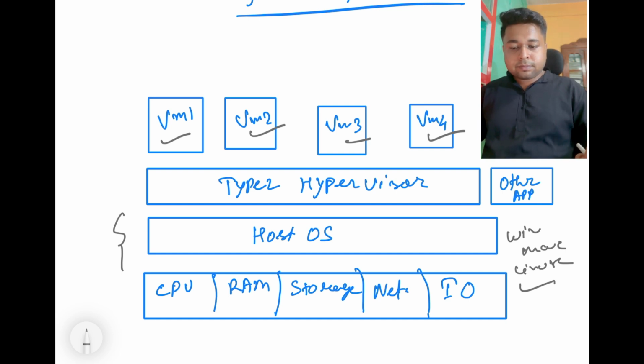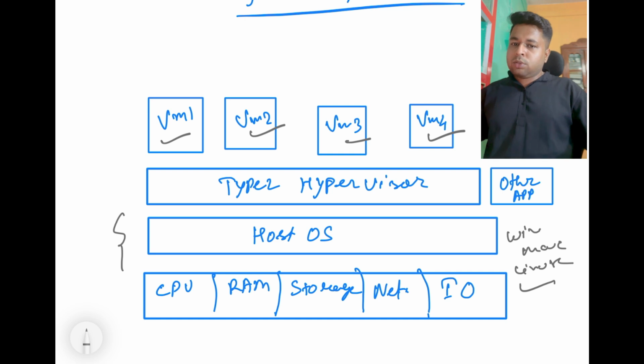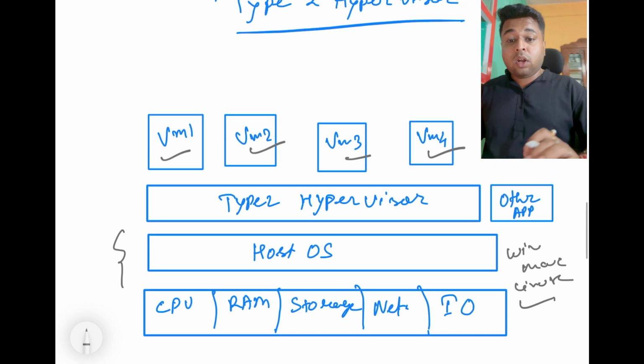On top of this host operating system, other applications may also be running and using some of the hardware capabilities. This is why type 2 hypervisors are not used in industrial applications. You can use it on your local machine, that is totally fine, but it is not used by enterprises.